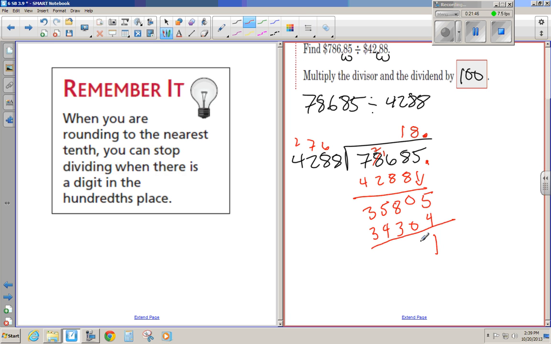Subtract now. 1,500, annex a 0. 15, maybe 3 times. 3 times 8 is 24. 24 plus 2, 26.